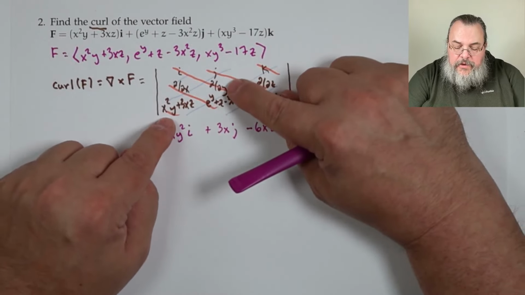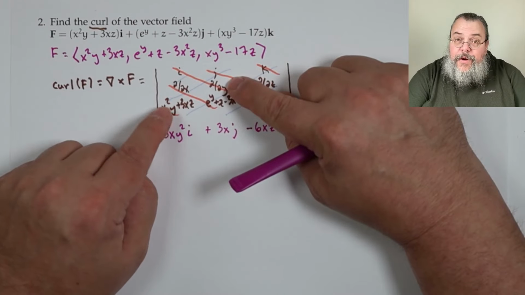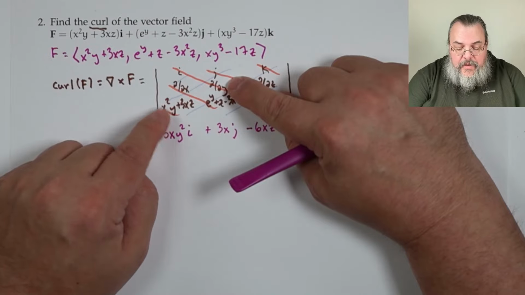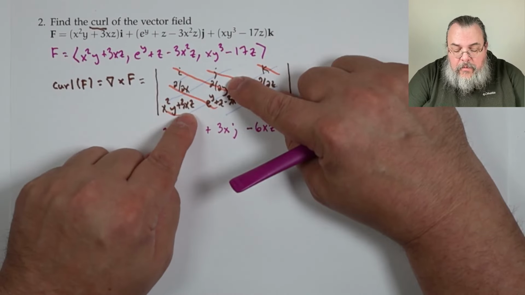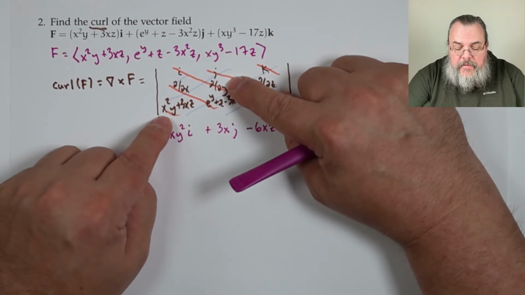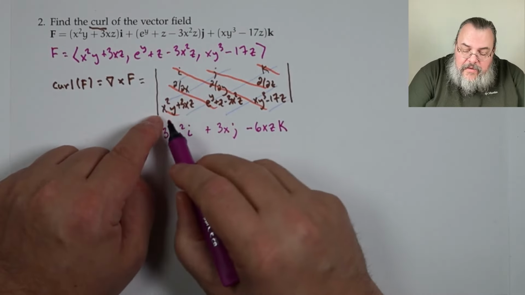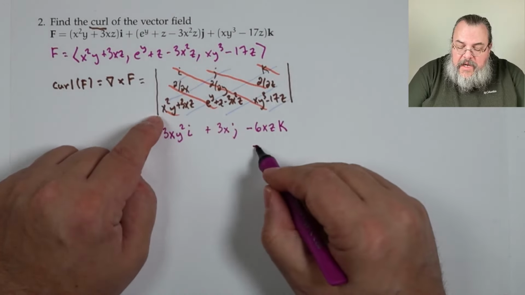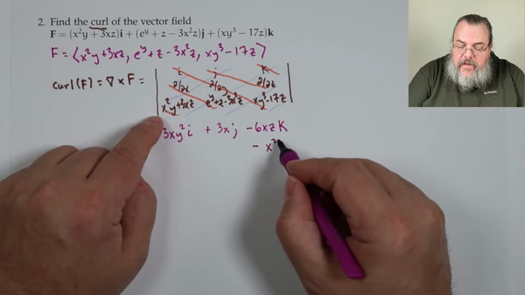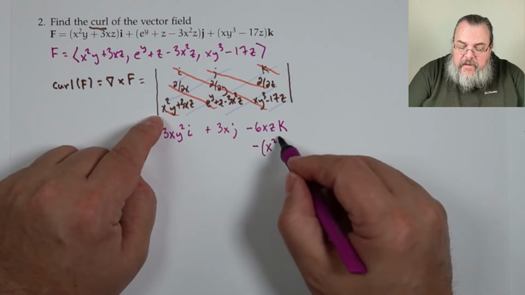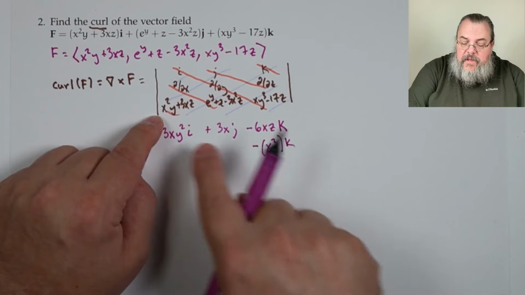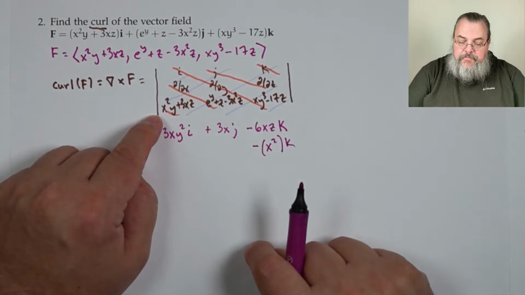So it's the derivative with respect to y of x squared y plus 3xz. Okay, well, there's no y term there. And here, derivative of x squared y with respect to y, x squared. And because it's going up, a minus x squared, and so minus k, right? The minus because we're going up.